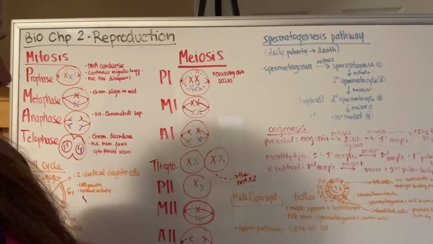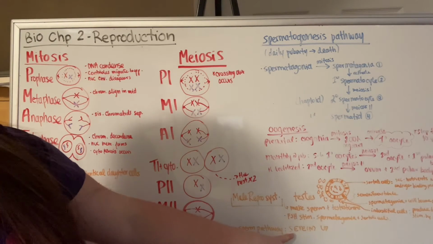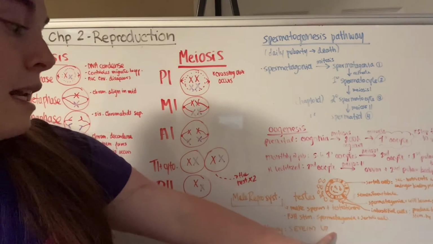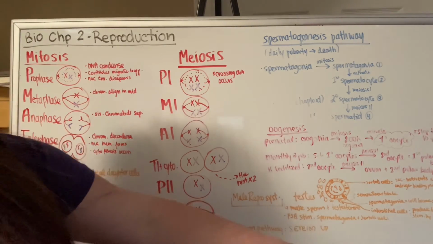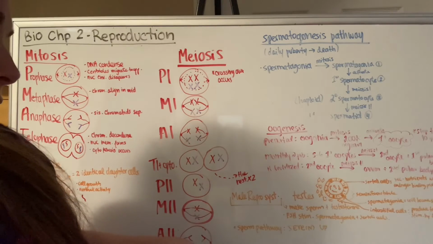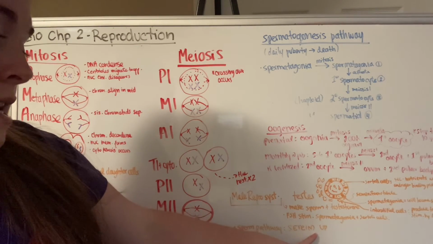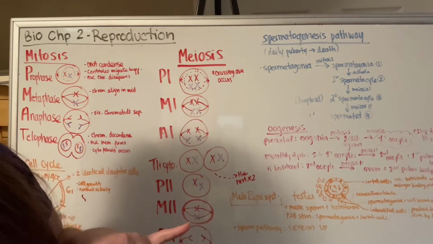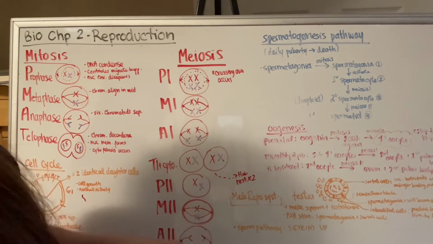So next we have, which begins in the seminiferous tubule and ends in the penis. U is the urethra, and V is the vas deferens. And like I said, there's no N, but yeah. And then we have the ejaculatory duct as well.